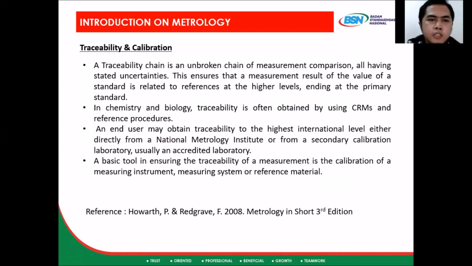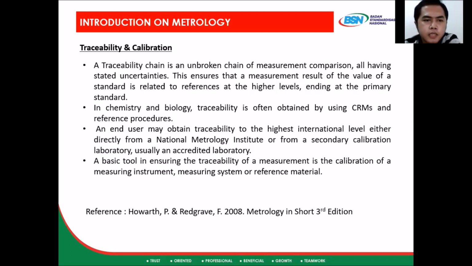Traceability and calibration. A traceability chain is an unbroken chain of measurement comparisons, each having stated uncertainty. This ensures that a measurement result or the value of a standard is related to references at the higher level, ending at the primary standard.